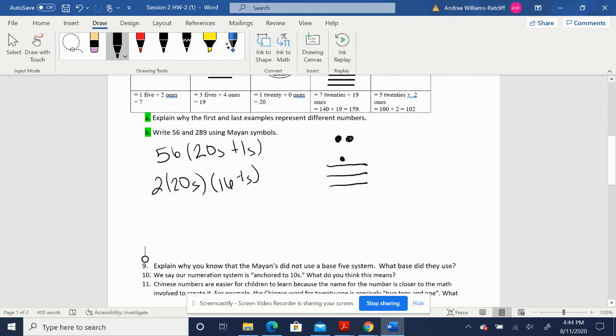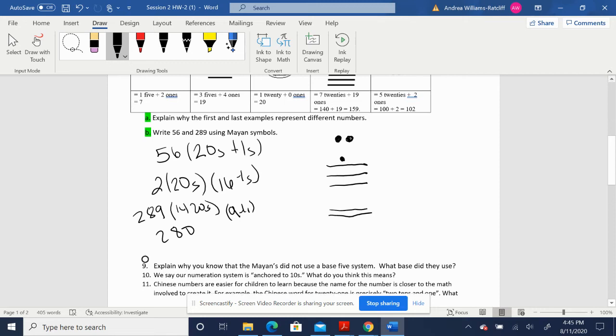Let's go to 289. Okay, when I look at 289 here, I'm going to need 14 20s. Okay, that's going to give me 280. And then I'm going to need 9 1s for the remainder there. Okay, so I'm going to show my 20s first. I need 14 of those.